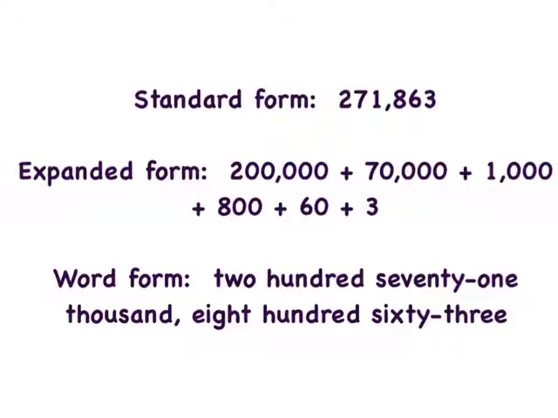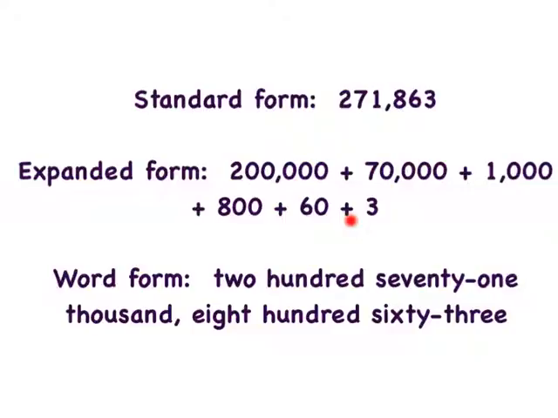Go to our next digit, which is a 1, but it is in the thousands place, so it becomes 1,000. Put our plus sign. Our next digit is an 8. It's in the hundreds place, which makes it 800. And a plus sign. Our next digit is a 6. It's in the tens place, which makes it worth 60.